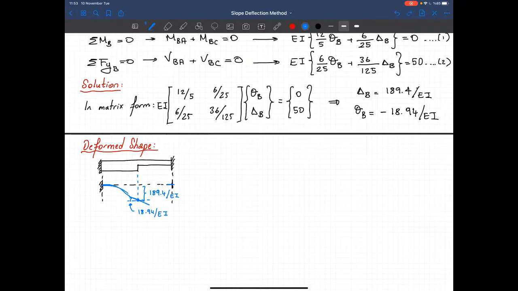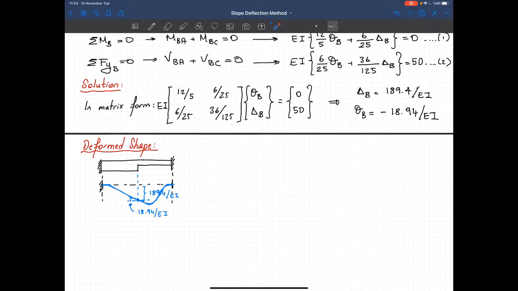So the deformed shape is, let me redraw it one more time. So we see a deformation like that. Now we should ask: does it make sense to have a deformed shape like this, in other words, a clockwise rotation here? If we have a uniform beam under uniform distributed load, we expect to see a zero rotation here.